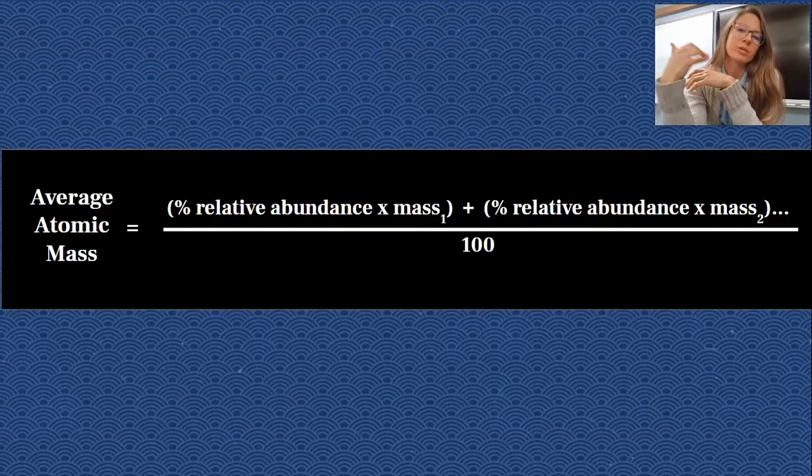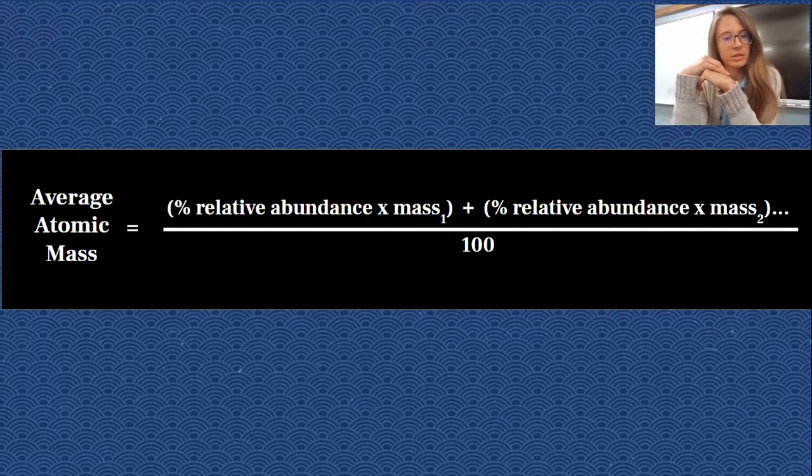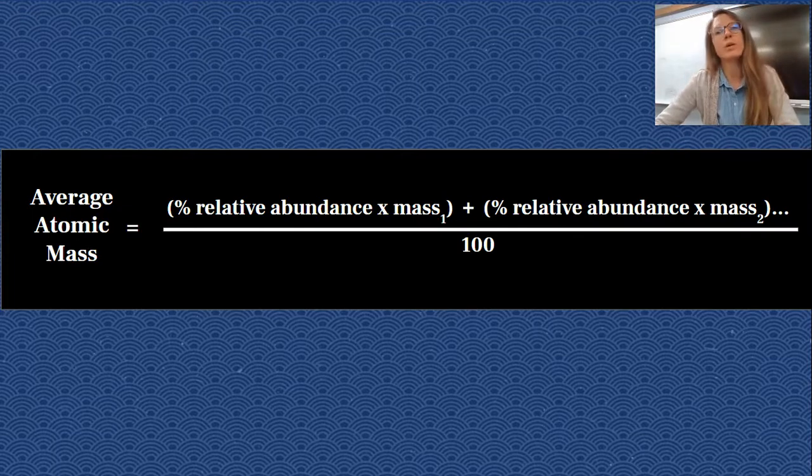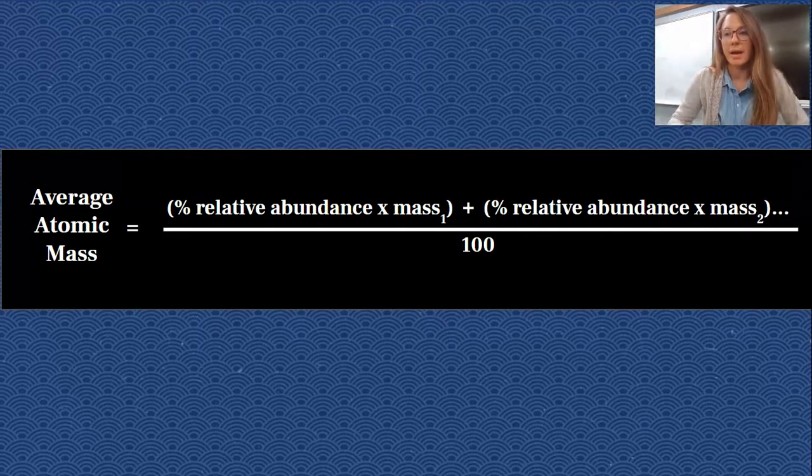So the general equation we are going to use to calculate the average atomic mass is going to be on the screen in front of you. I would suggest that you write it down. You're going to take the percent relative abundance for the first isotope, multiply that by the mass of the first isotope, and then you're going to add that to the product of the percent relative abundance of the second isotope and the mass of that isotope. And you can go on and on and on.